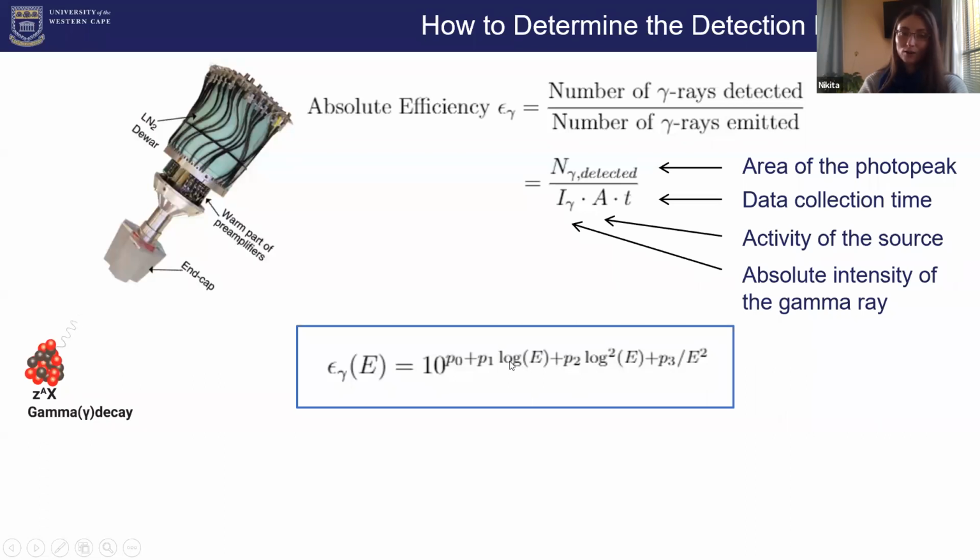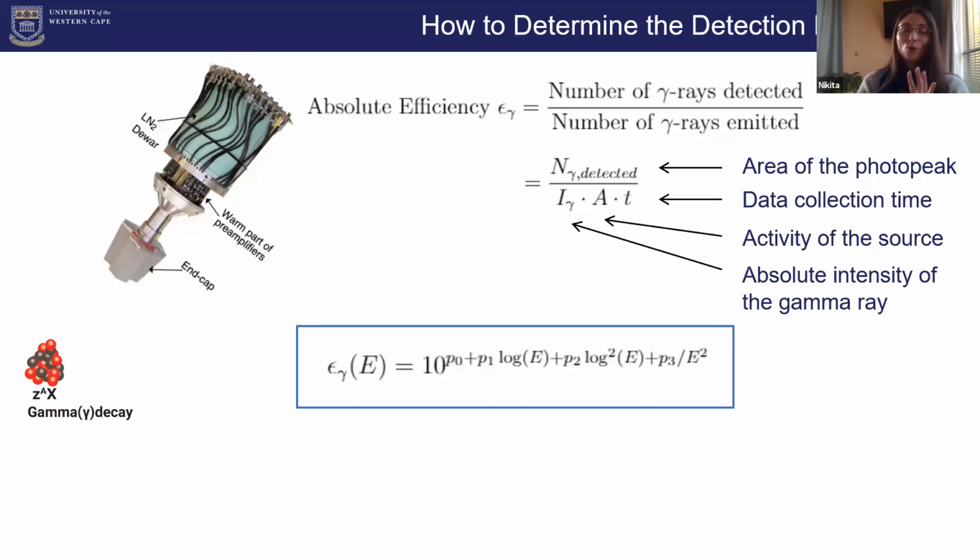And the rest is all a log of the energy, log square of the energy, and divided by the energy squared. Of course, this is already in the code. You don't have to worry about it. You just have to understand what the code is doing. So I'm telling you, this is what the code is doing, and you will have to look in the code to check how it is doing it. This is how we calculate the absolute efficiency of the detector.